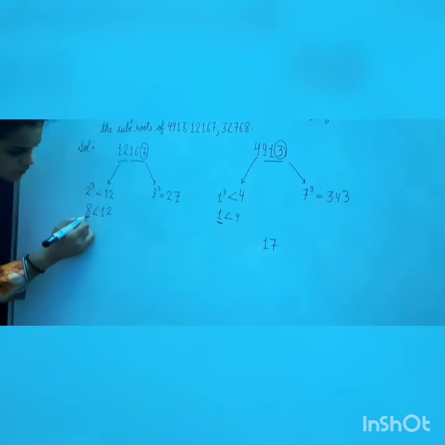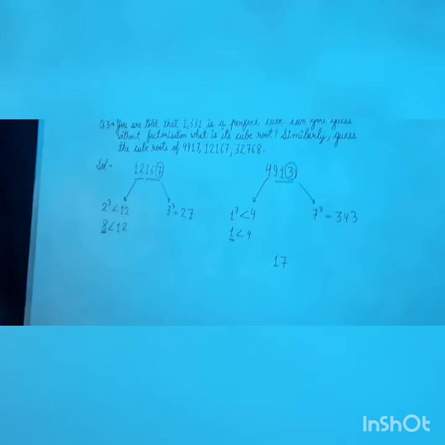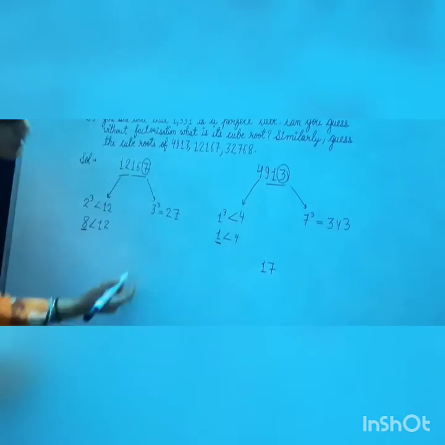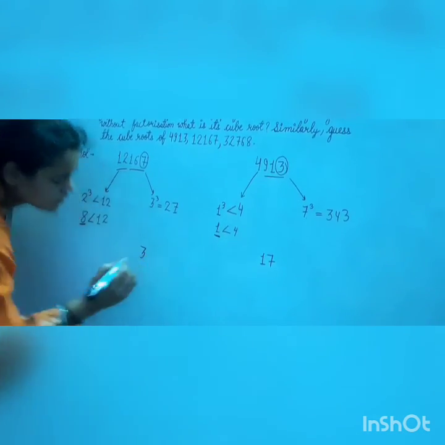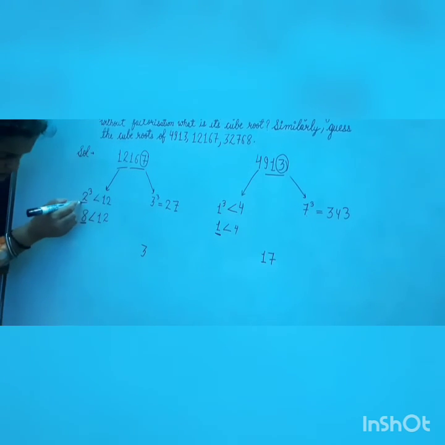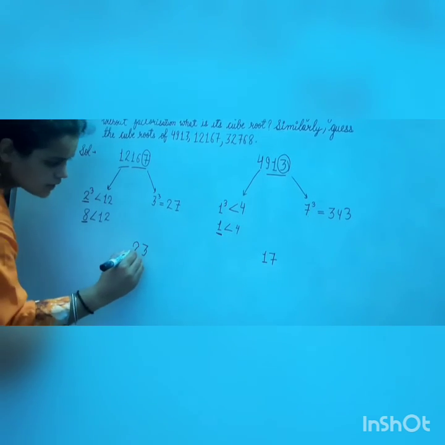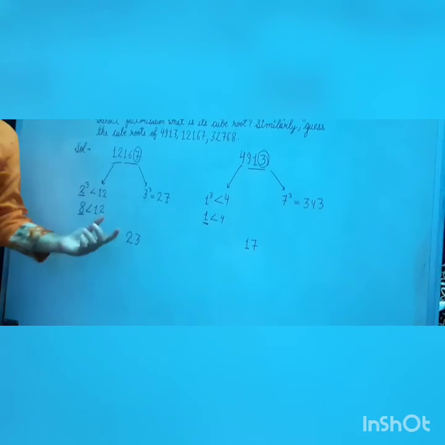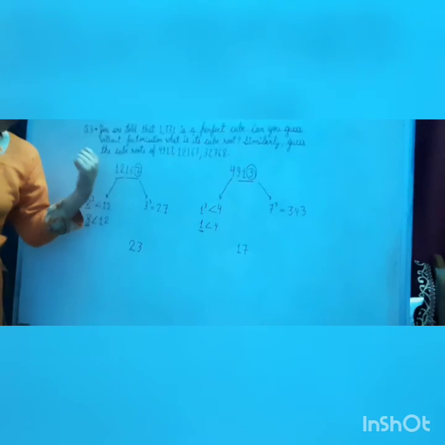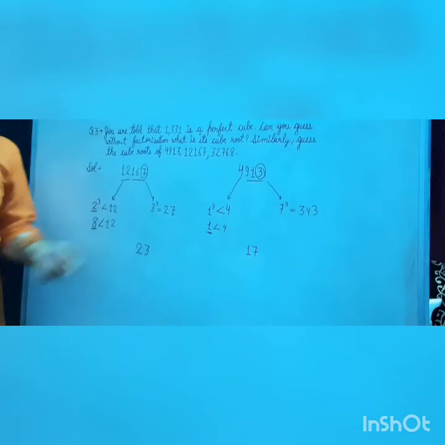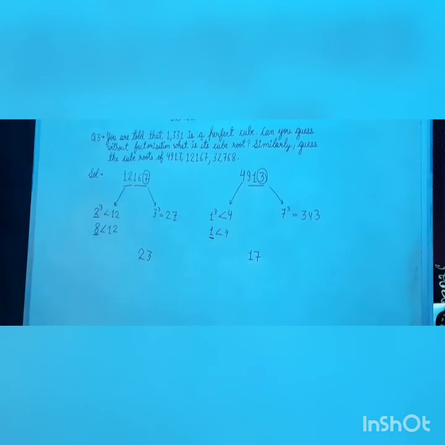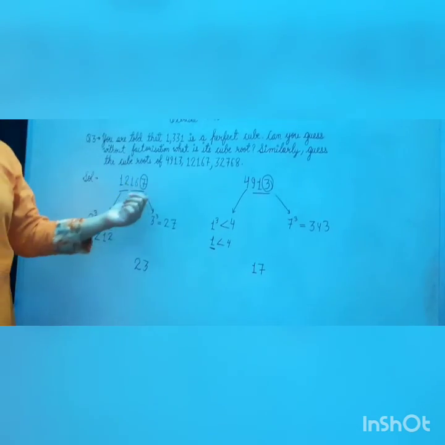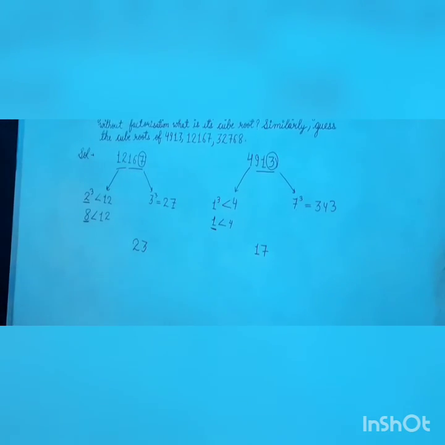Then you take 3 at the unit digit, and at the tens digit you take 2. It will be 23. The cube root of 12,167 is 23.